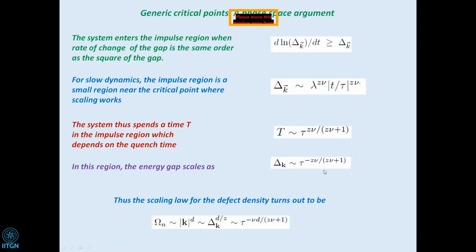And it also tells you, and I haven't shown you these details, that for a generic quantum phase transition, which is characterized by these exponents, nu and z, nu being the correlation length exponent and z being the dynamical critical exponent, and d here is the dimension, the power of this power law is a universal number. This has been proved for several systems, and many people have worked on this, starting from Kibble and Zurek, of course.